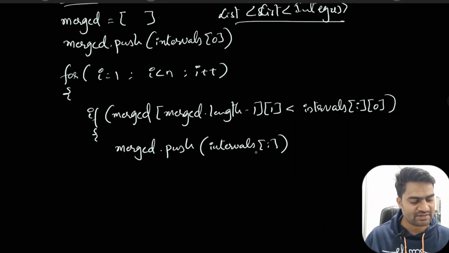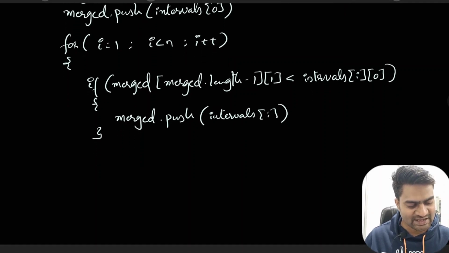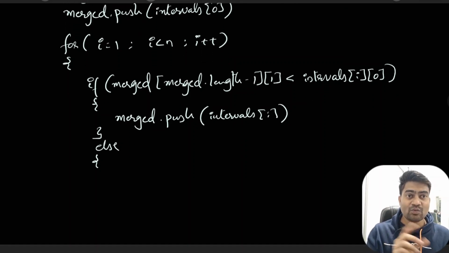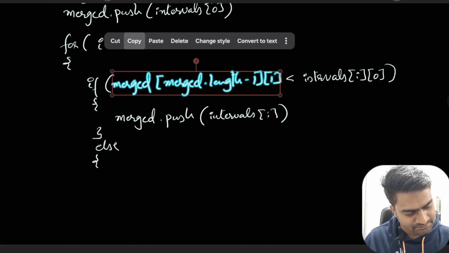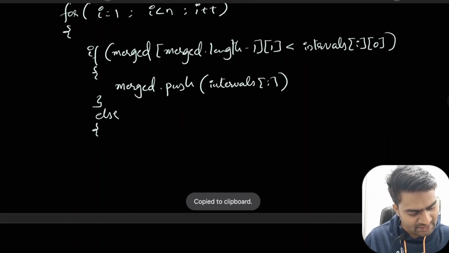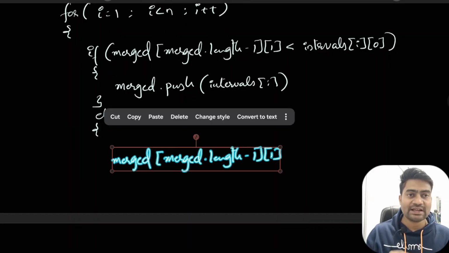So I will simply push the value to the merged array. If that is not the case, in the else part, we know that overlap exists. Then what I need to do is take this part.